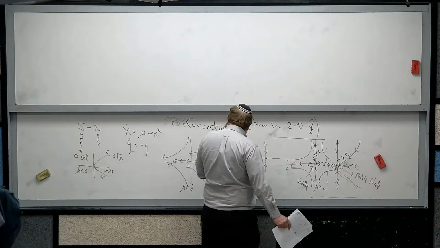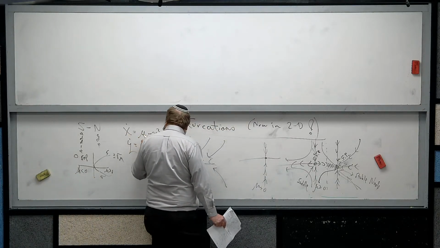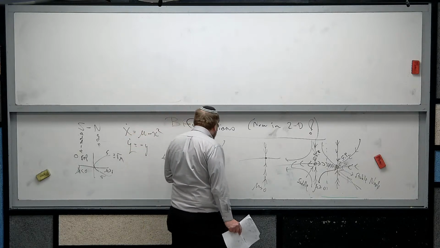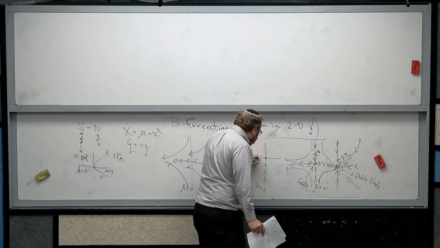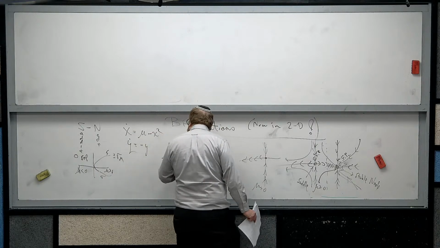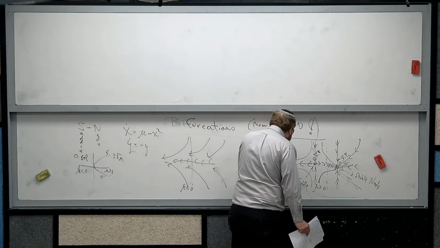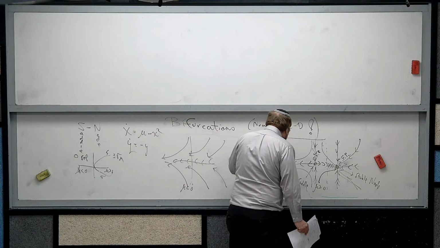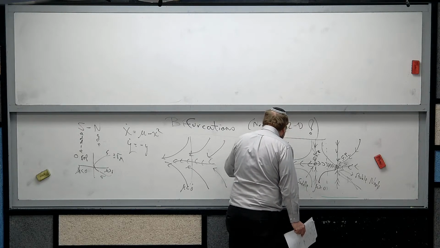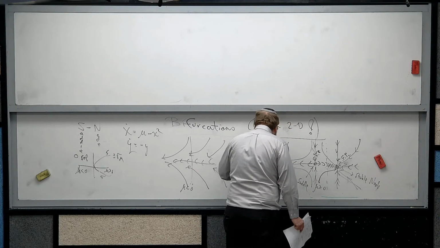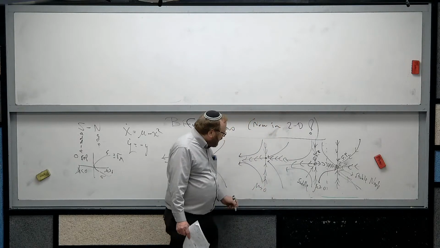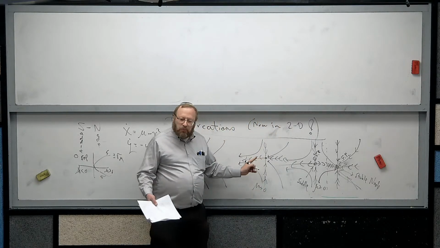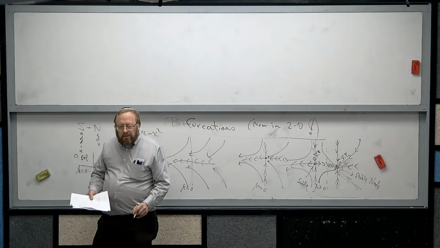Now the flow for x negative is negative, and the flow for x positive is also negative. So if you start here, you flow here. If you start here, you go off to infinity. And this was our half-stable fixed point in one dimension.